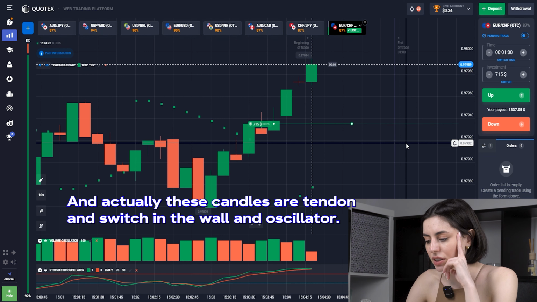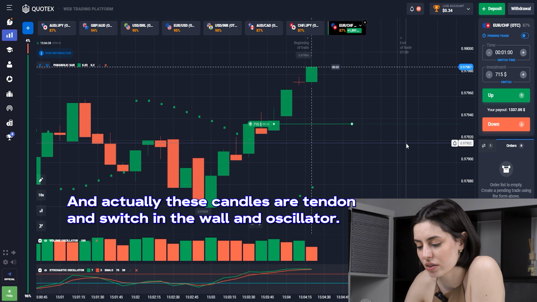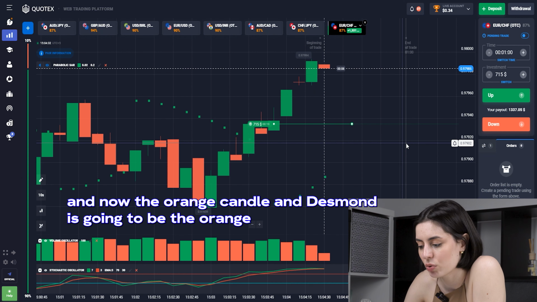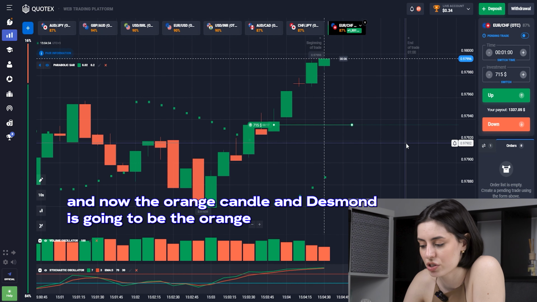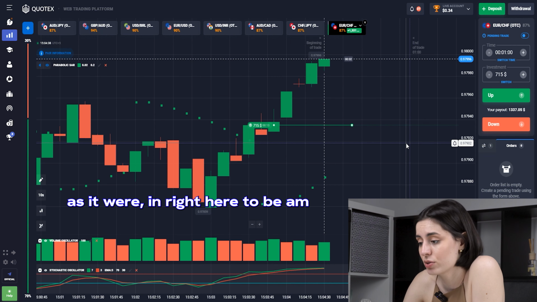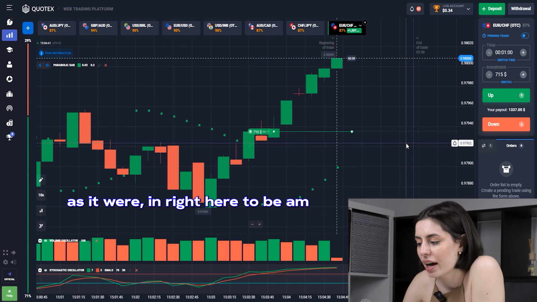And look how these candles are changing and switching at the volume oscillator. So if you are detecting an orange candle now, it doesn't mean it's going to be orange in the end. It could actually switch, as it turned right here.